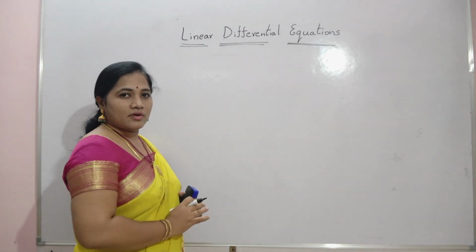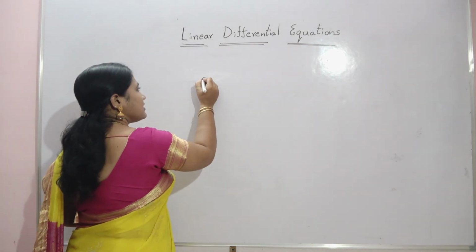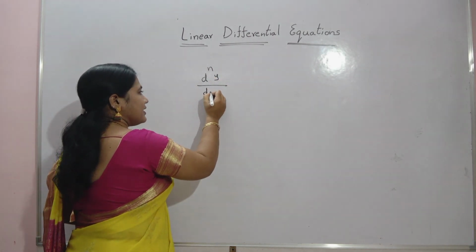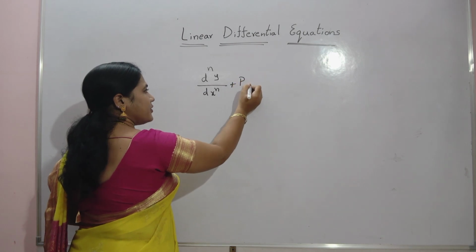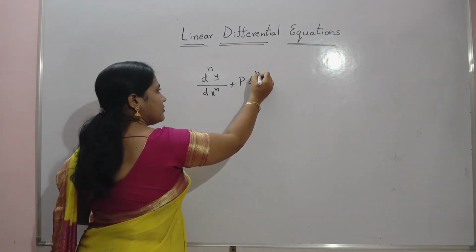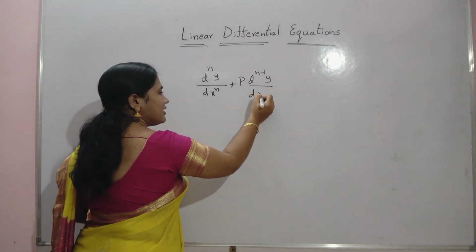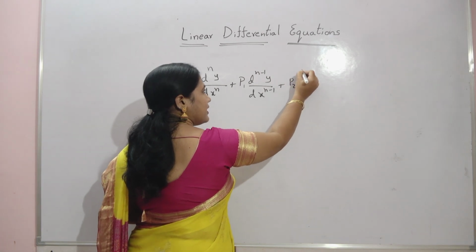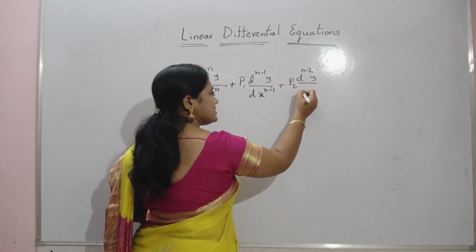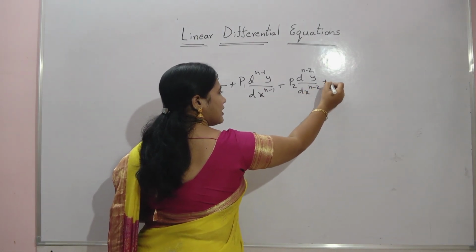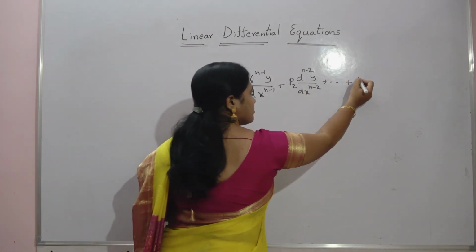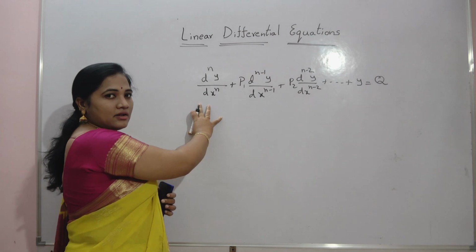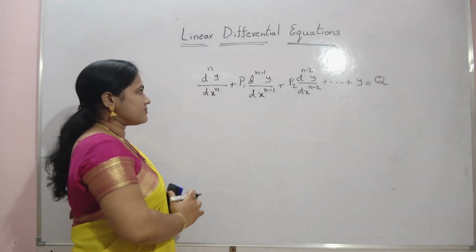So the general form of a linear differential equation is d^n y by dx^n plus p1 into d^(n-1) y by dx^(n-1) plus p2 d^(n-2) y by dx^(n-2) and so on plus y equals to q. So this is the general form of a linear differential equation.